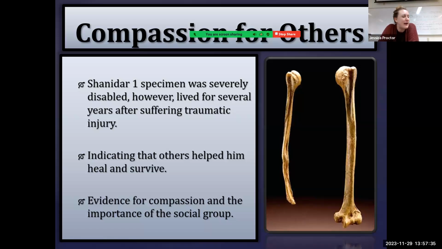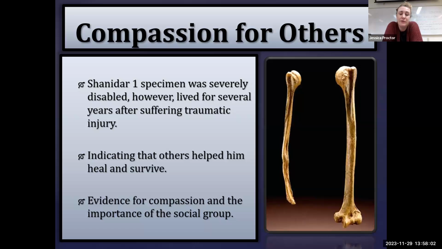So again, it's all just hypothesis, but it's very likely that Shanidar-1 was able to survive simply because his social group helped him survive. Because if you're trying to survive in the Pleistocene, relying on hunting dangerous game, not always being able to rely just on gathering, during those periods where there may not be a whole lot of vegetation or fruit available, you're likely relying pretty heavily on your ability to hunt.